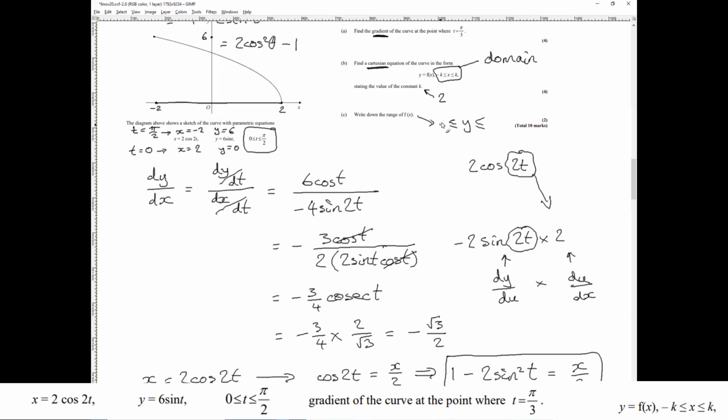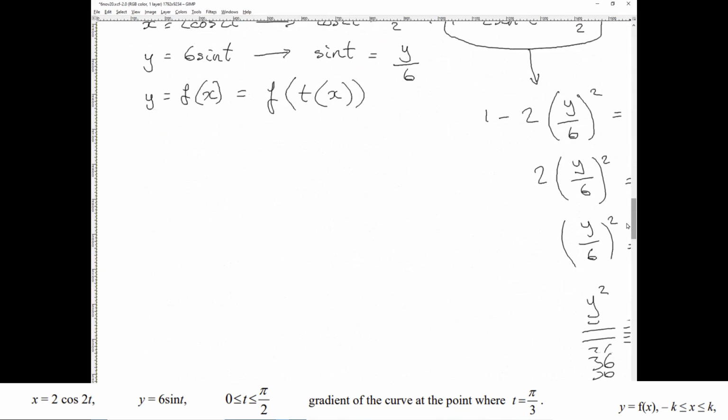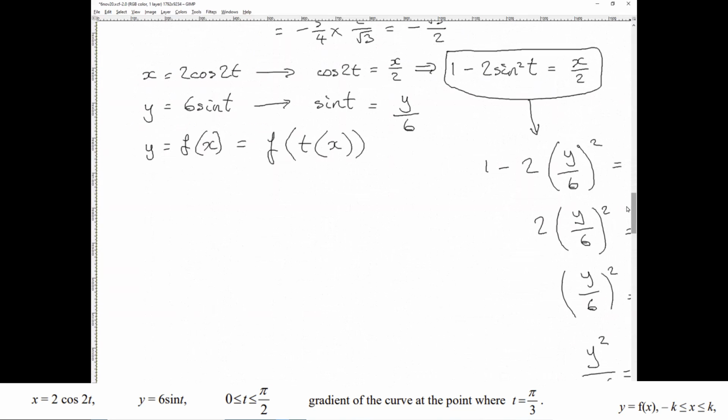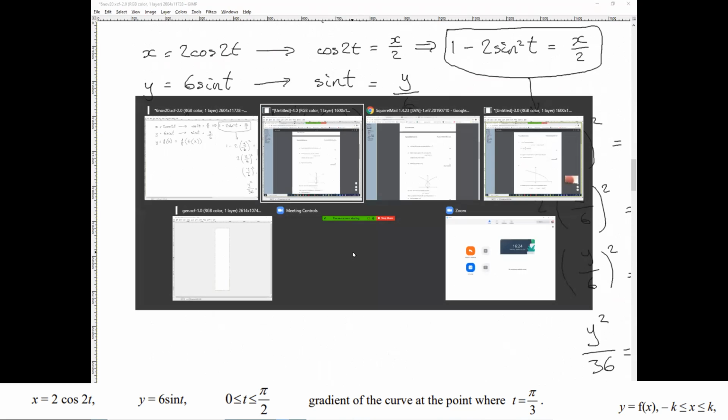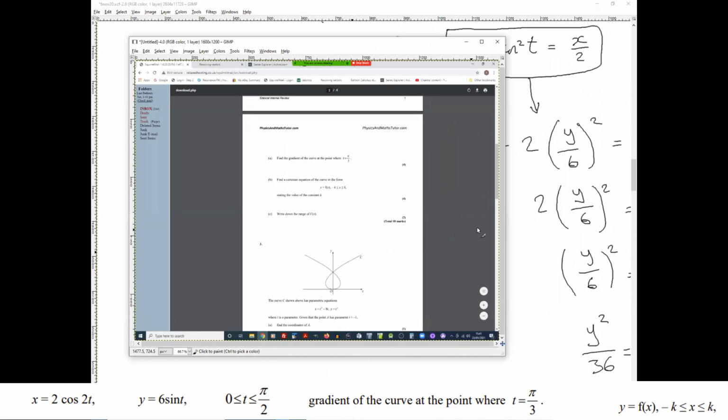Is it not 0 and 6? Yes. I know you told me that, I was just saying, how do we write it? I just want you to be conscious that you write it like that. Because it's the range, and therefore it's the y values rather than the x values. You have to be careful the way you say it. Although you might get away with it if you do that wrong. Okay. So that's that one, right? And now this one.